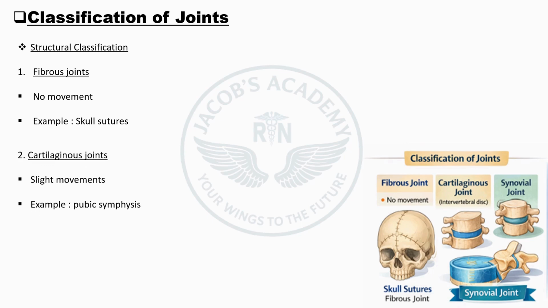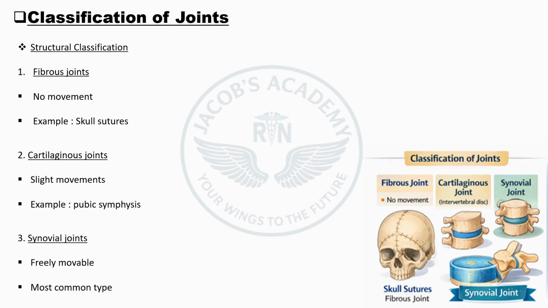The second type is cartilaginous joints. In these joints, the bones are connected by cartilage, which allows slight movement. An important example is the pubic symphysis, which provides flexibility and support, particularly during childbirth. The third one is synovial joints. Synovial joints are freely movable joints and are the most common type of joint in the human body.